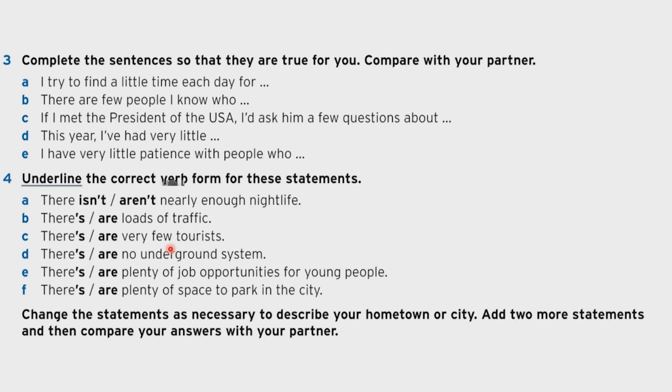And like this, please continue. And when you finish, in your notebook, you're going to add 2 more statements about Reynosa, if there is something important to mention, and then you're going to compare your answers with your partner. And well, when you finish, call your classmates to compare your answers.